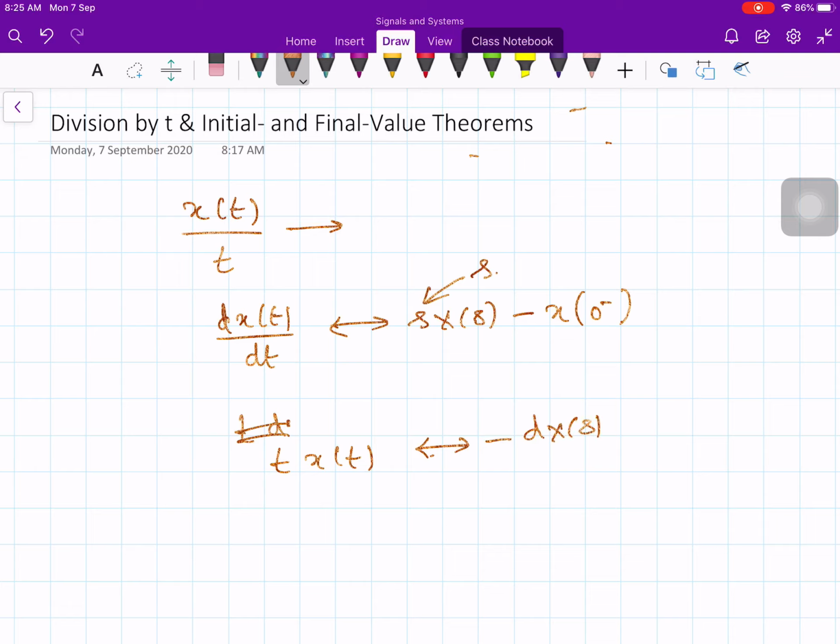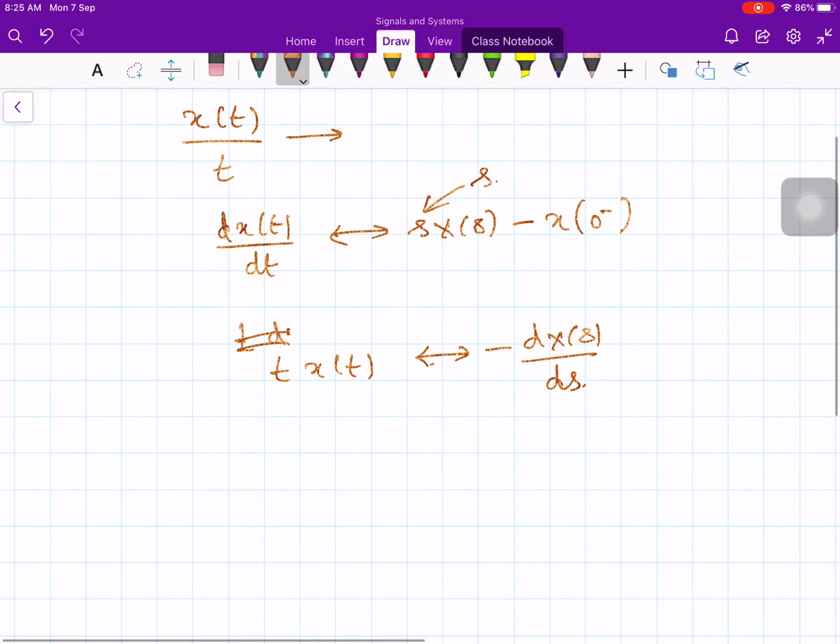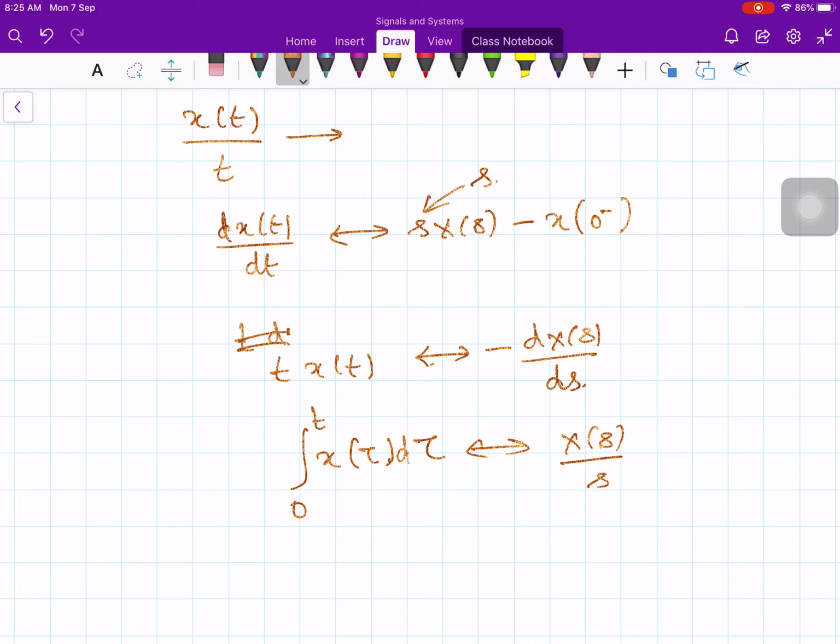Similarly, if you integrate in the time domain, x of tau d tau, integrating from 0 to t, then its Laplace transform will be x of s divided by s plus x of 0 minus, which is the initial value of the integral up to the time duration minus 1, divided by s.